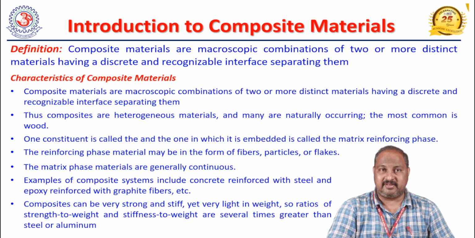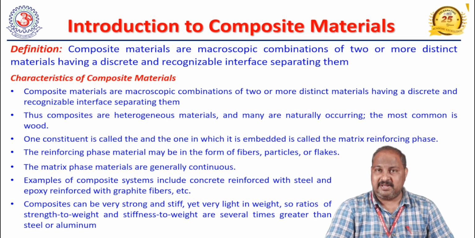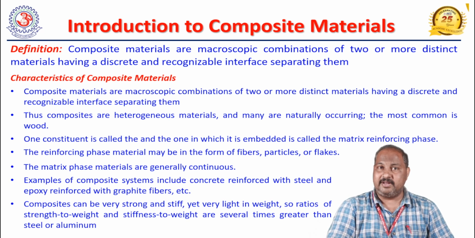There are two different types of constituents with an interface between these two phases. We call one phase the matrix phase and the other the reinforcing phase. The reinforcing phase is spread throughout and is held together with the help of the matrix material. The reinforcing material may be in the form of fibers, particles, or flakes.